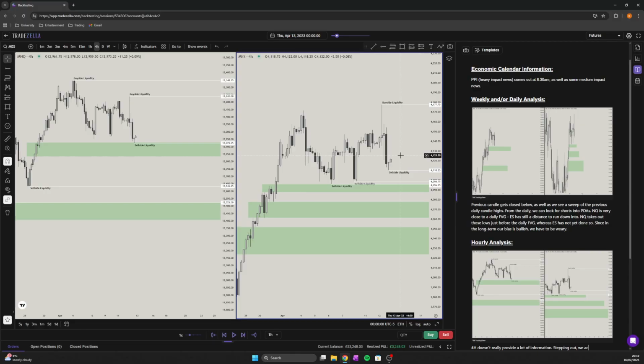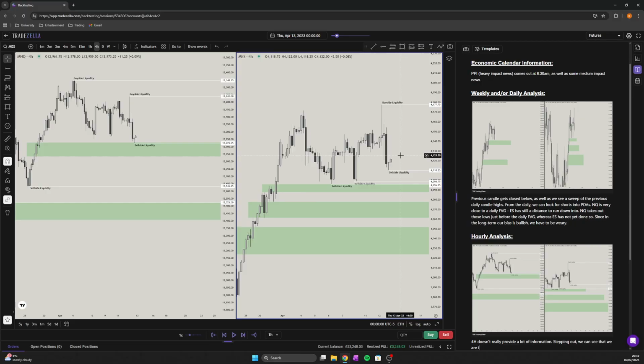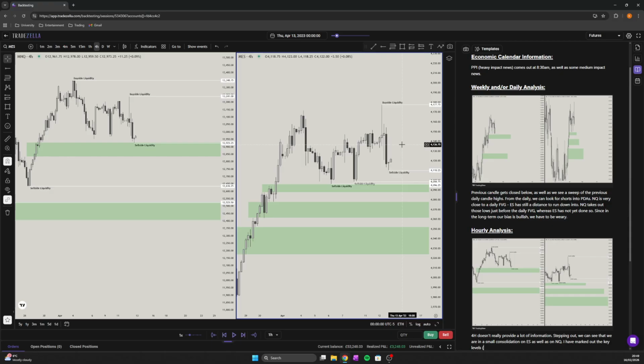Stepping out, you can see that we are in a small consolidation on ES as well as NQ. What's happening on one is definitely happening on the other. I have marked out the key levels in brackets: highs, swing highs, and lows.